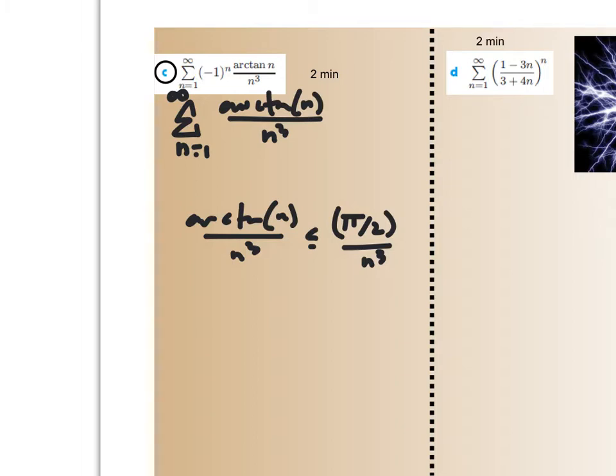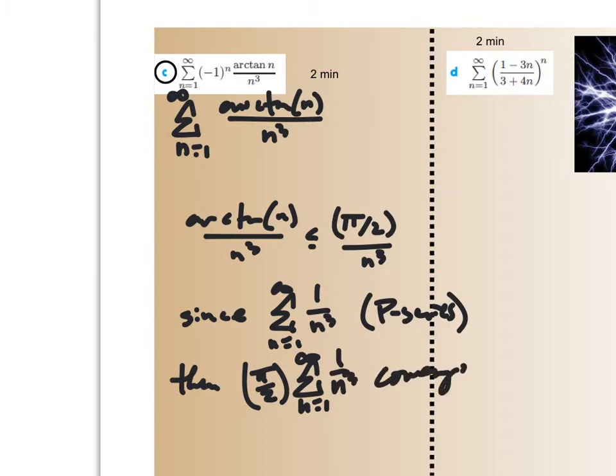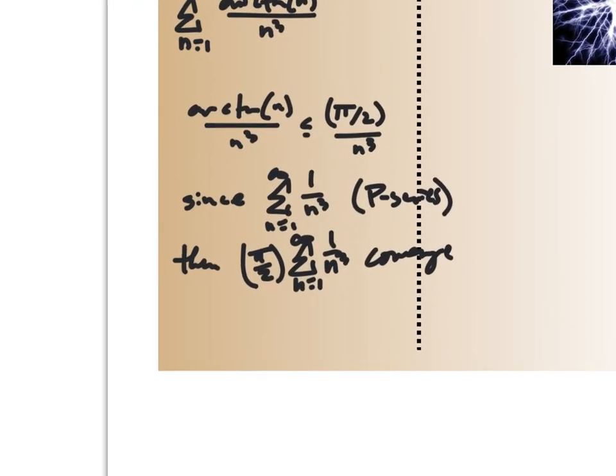Since the sum from n equals 1 to infinity of 1 over n cubed is a convergent p-series, then pi over 2 times that series would also have to be convergent. Just a coefficient out in front times a finite sum will just be a finite sum.